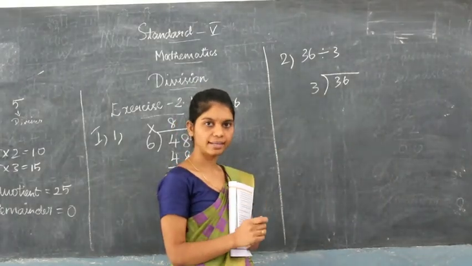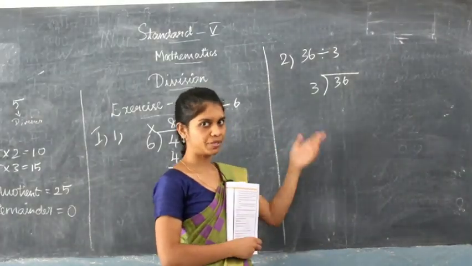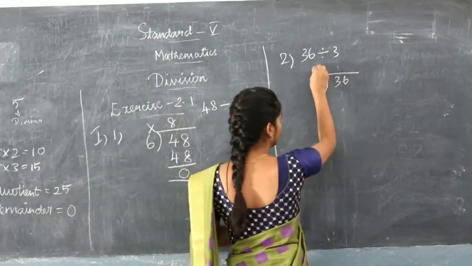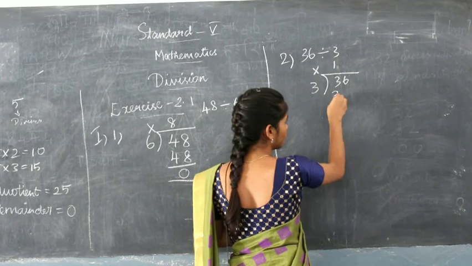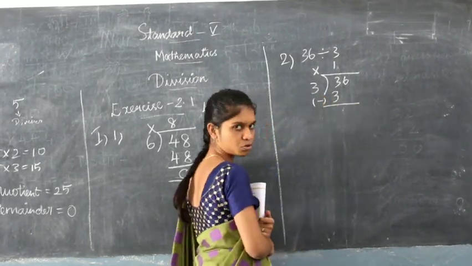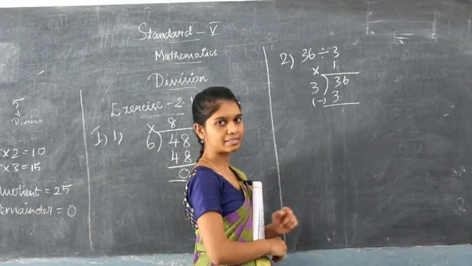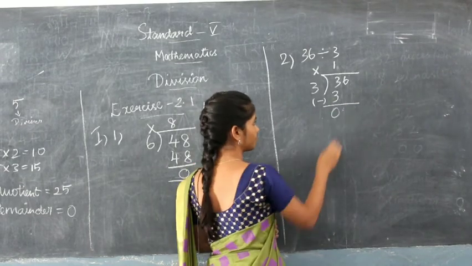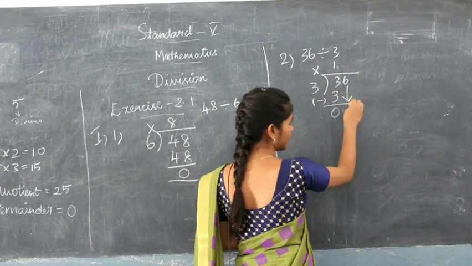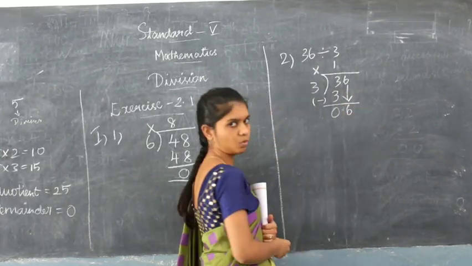So you can start telling tables of the divisor, which is 3. 3 ones are 3. So 3 multiplied with 1 gives you 3. Next you should subtract them, right? So 3 minus 3 is 0. And then you bring the next number, which is 6, down.